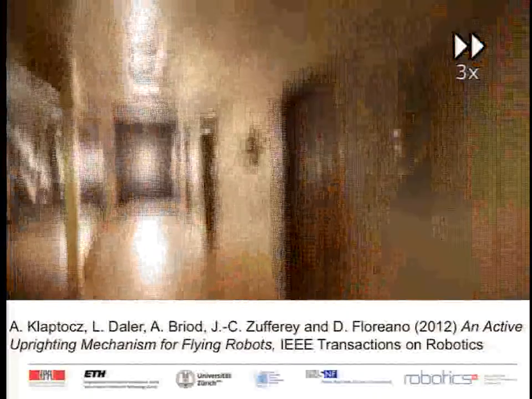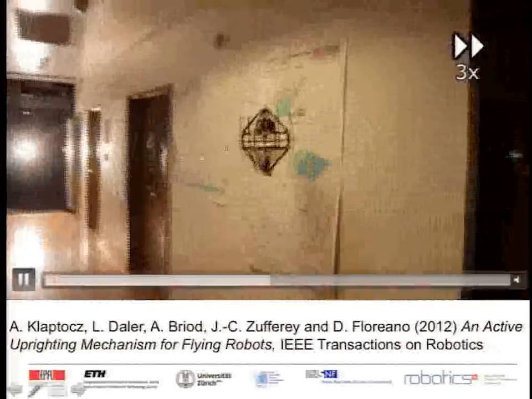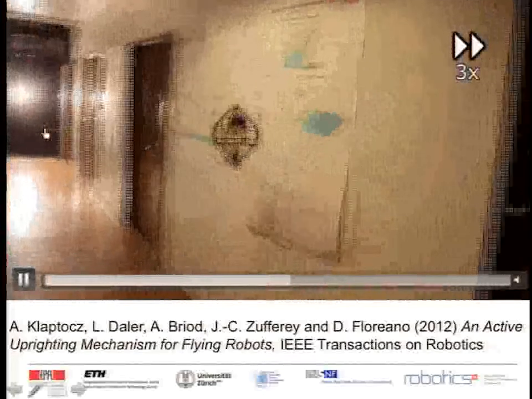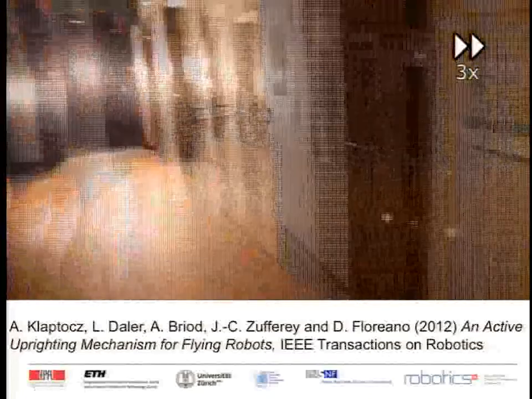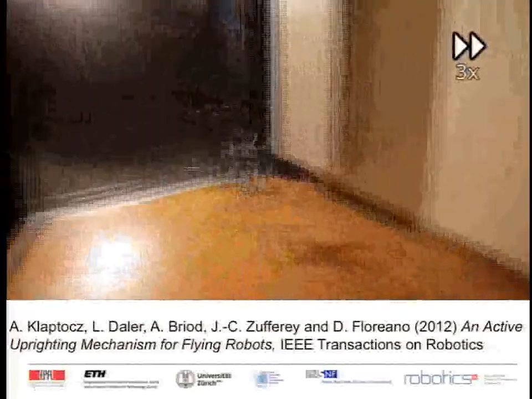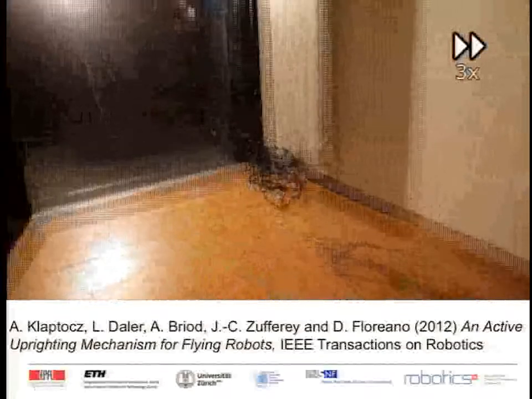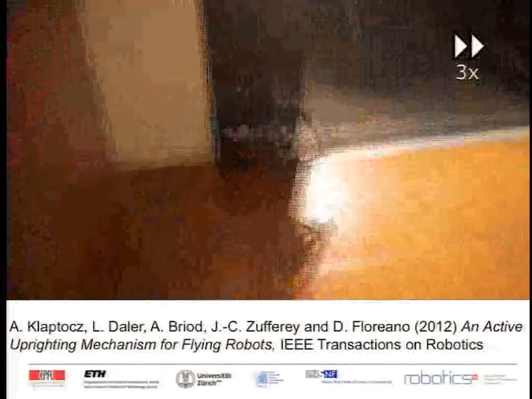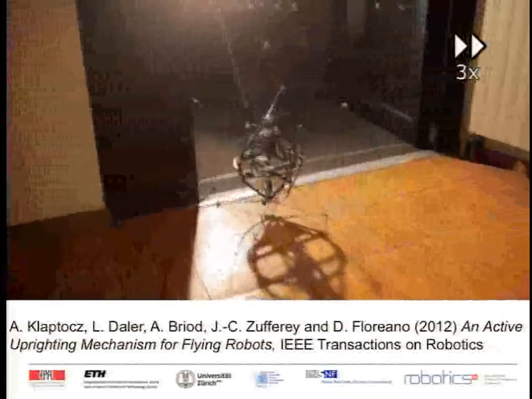It has a light sensor, and its goal in this particular case is to fly towards the light at the end of the corridor. So instead of having complicated sensors and complicated artificial intelligence, we have a morphology that can absorb collision, allows the robot to upright itself, and eventually get to the goal. So it's a very nice trade-off between intelligence and sensing and morphology, I would say.